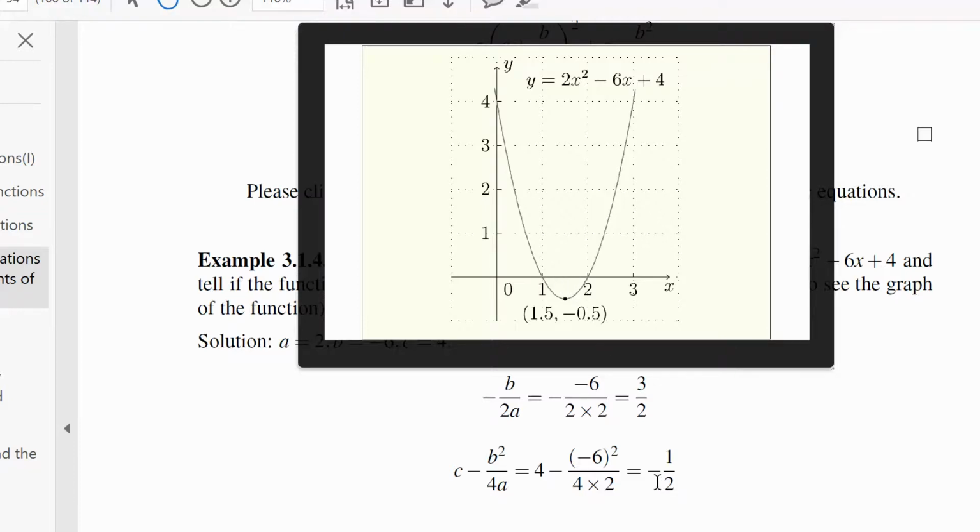And the y value is negative 1/2, negative 0.5. It's right here. The graph looks like this. And this point is actually called the vertex. So at this point, a is 2. The open direction is up. x equals 3/2. Your y value is negative 1/2 or negative 0.5.